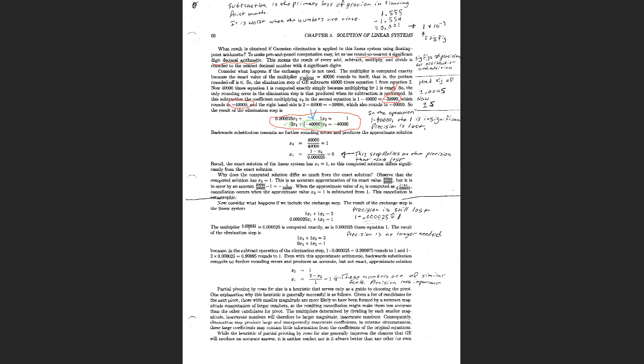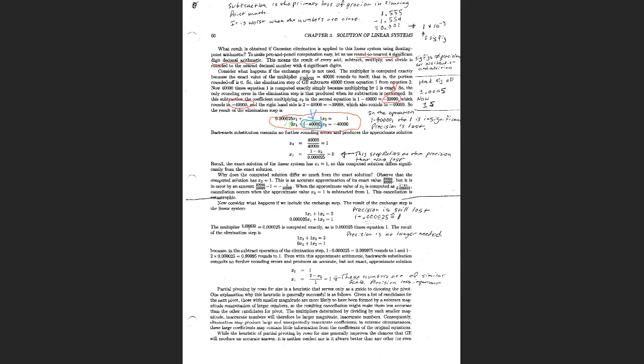As humans, we would put negative 39,999 in this spot, but the computer, using 4 significant digit arithmetic, is going to round that negative 39,999 to negative 40,000.